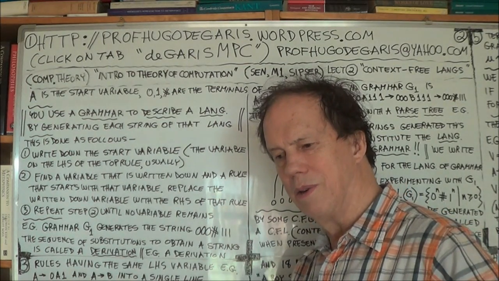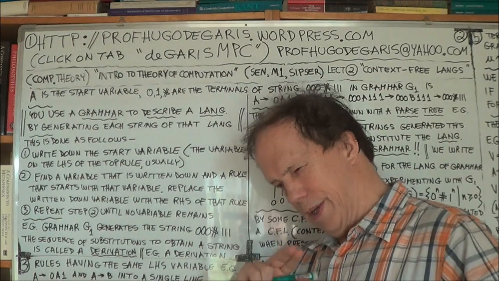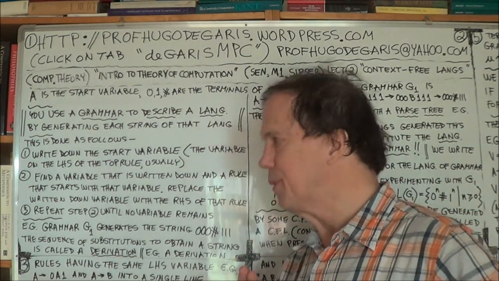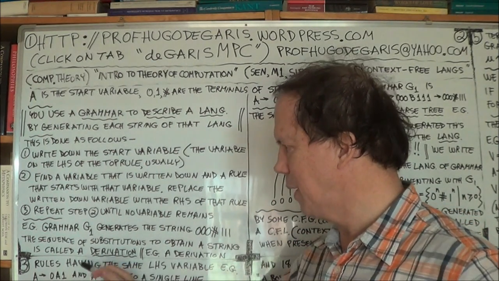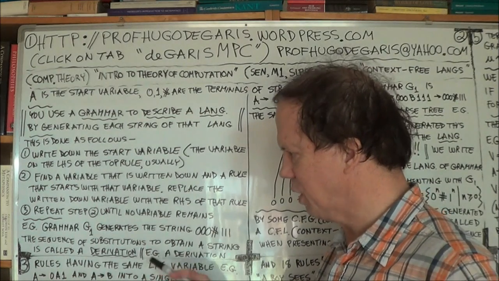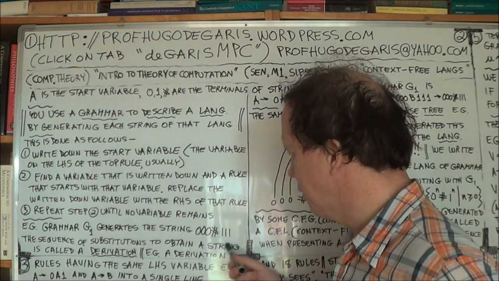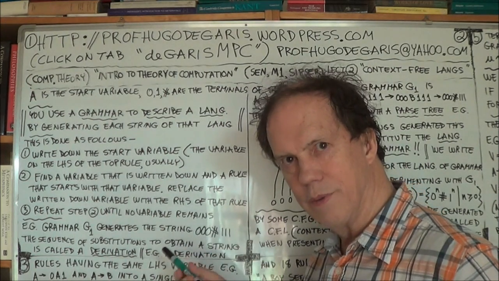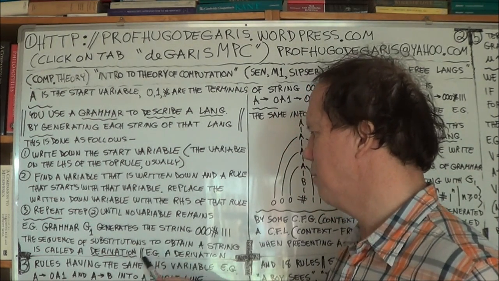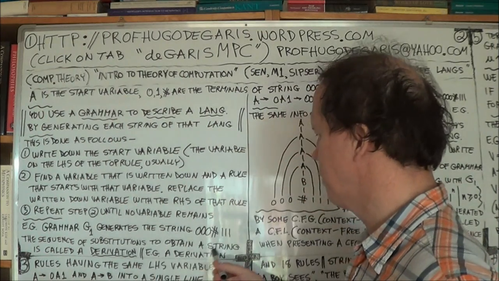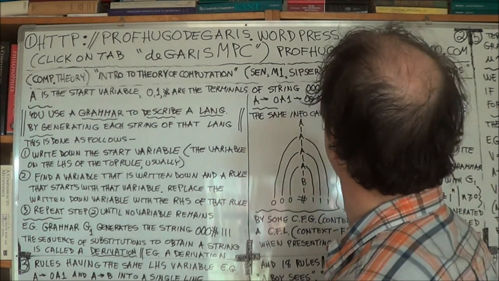You get a string all of whose symbols are terminals. That sequence is called a derivation, because from the grammar you have derived the string of terminals. You've used the grammar to derive the string.